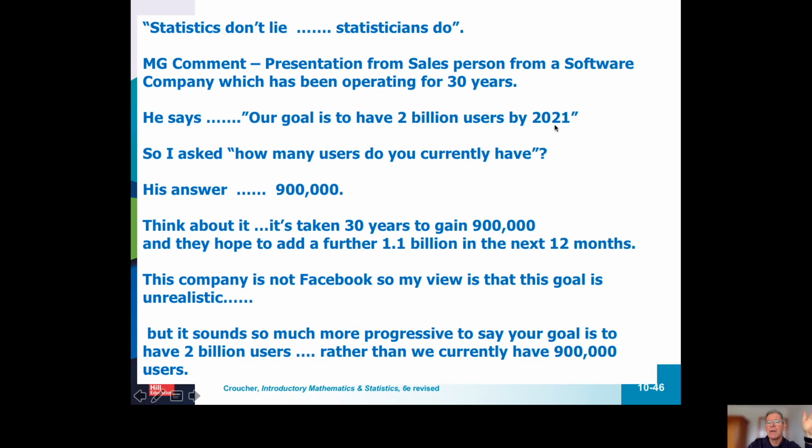It's a lovely goal, but is it realistic? Here it's taken 30 years to get 900,000 members or customers, if you like, and they hope to get 1.1 billion. They hope to double it in the next 12 months. Somewhat optimistic. This company wasn't Facebook.